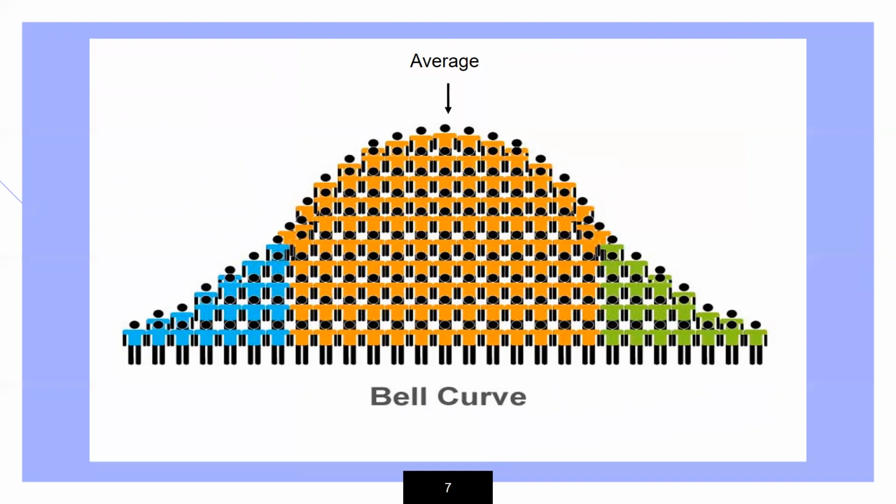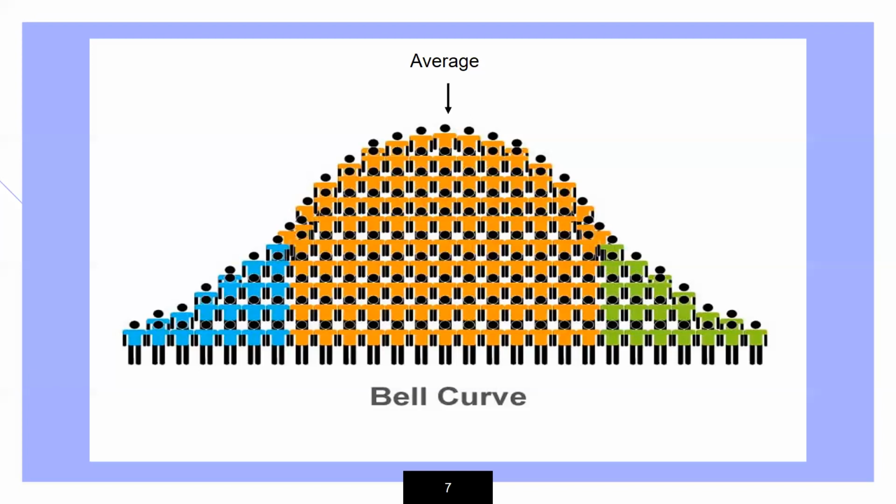And we can even see that that average range, or the people wearing orange, makes up a large area of our bell curve. And those people that score in the lower and higher areas, or our blue and our green, they don't make up as much. Now, the shape of the bell curve really reflects the fact that there are more average events, more average characteristics than extreme ones.